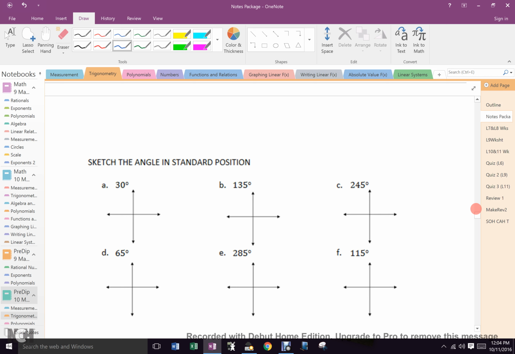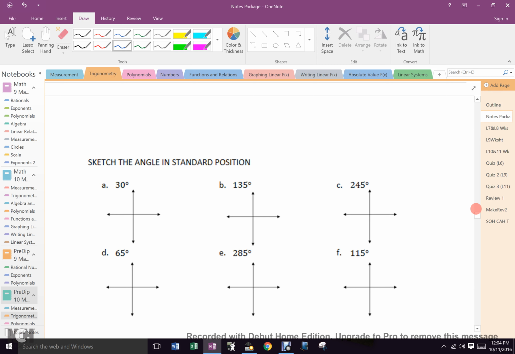This literally should take 10 seconds. A, B, C, D, E, F. Remember, it's just estimation. None of you need to get out a protractor. Why do you think I'm getting you to do this?